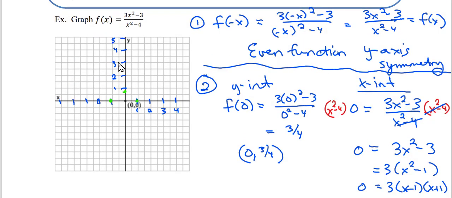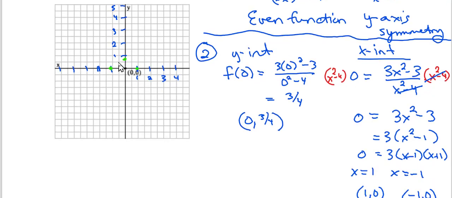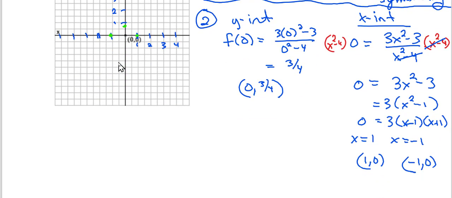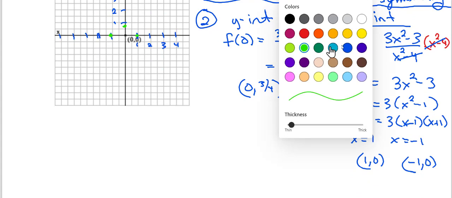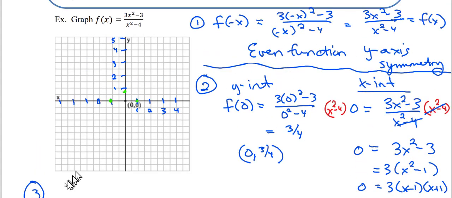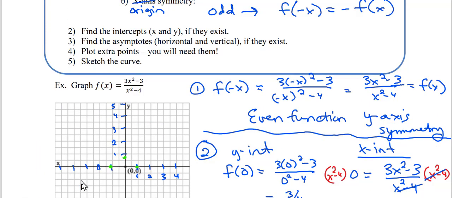I also know that is nice. It still matches my symmetry, right? If I have 1, I need -1. Step 3 above is to find the asymptotes. That also tells us a little bit about the domain of this function, so that's pretty nice. The asymptotes, we're talking about vertical asymptotes.